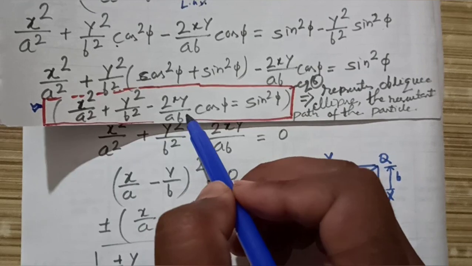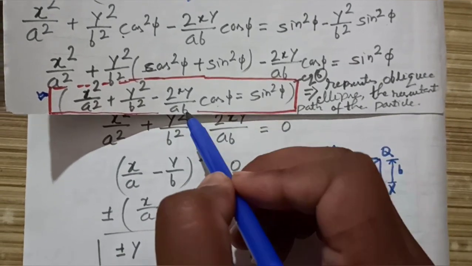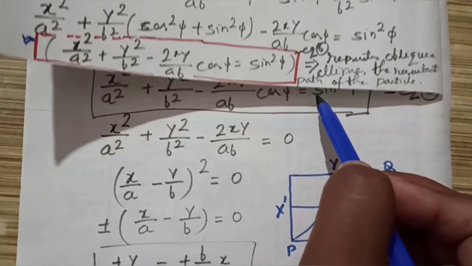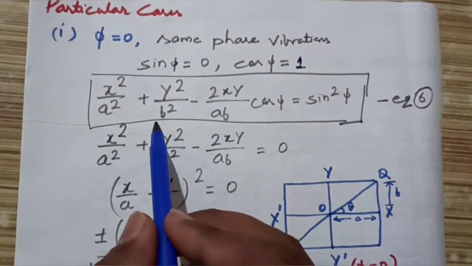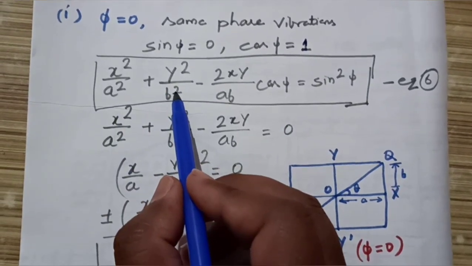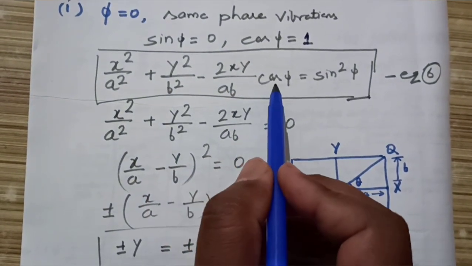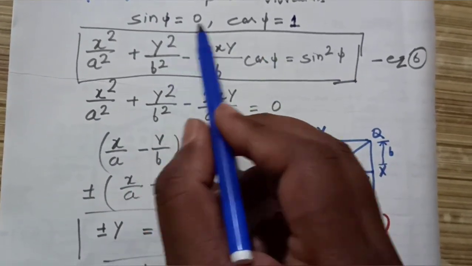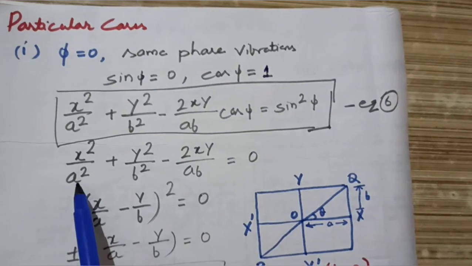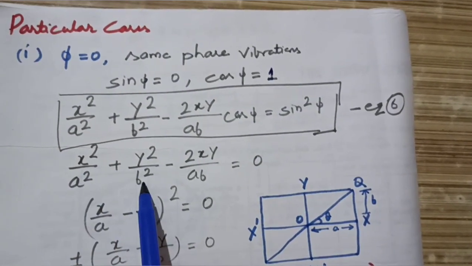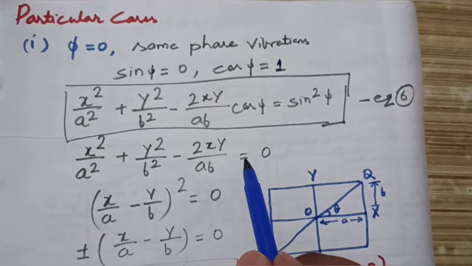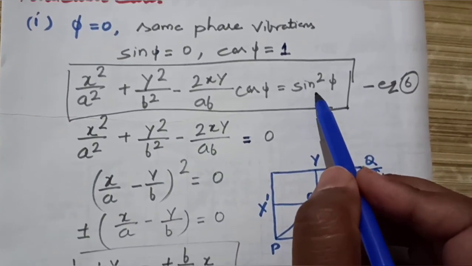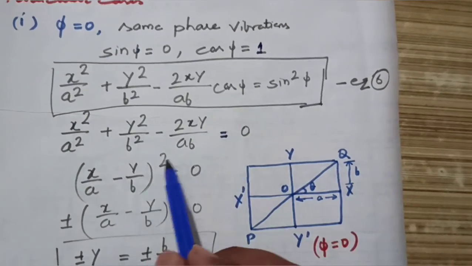This is the equation we have mentioned here as 6. If you substitute the values of sin and cos phi, you will obtain x square upon a square plus y square upon b square minus 2xy upon ab equals 0, because sin phi is 0 and cos phi is 1. That's why you will obtain this equation.